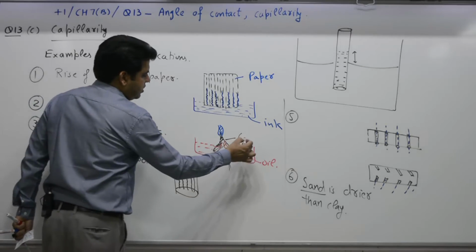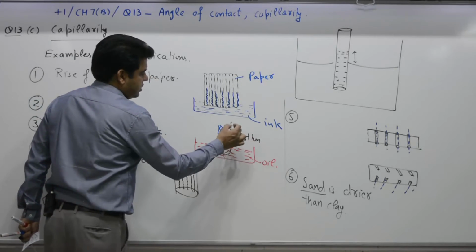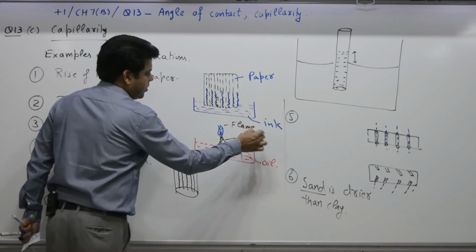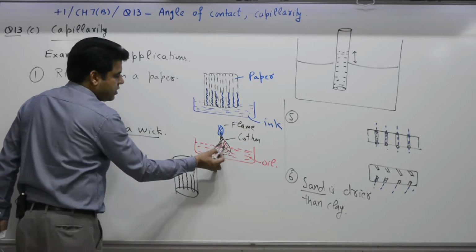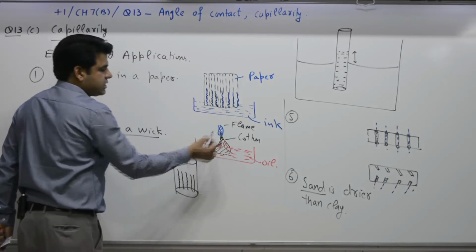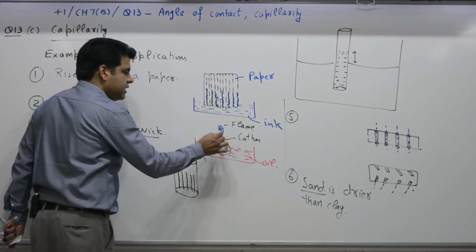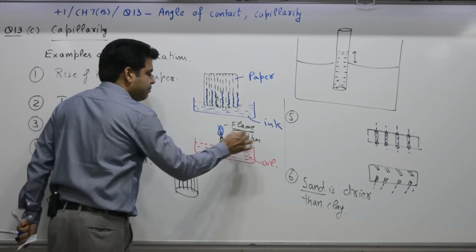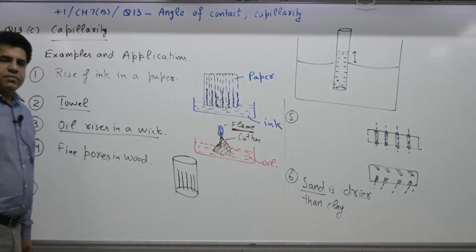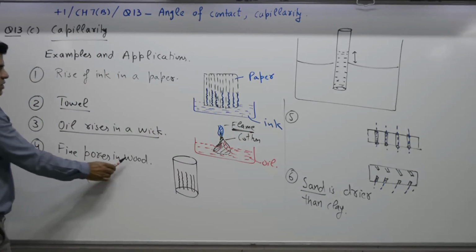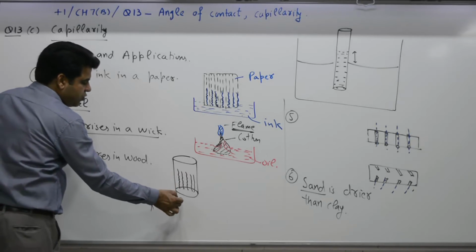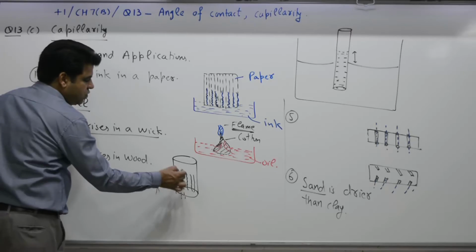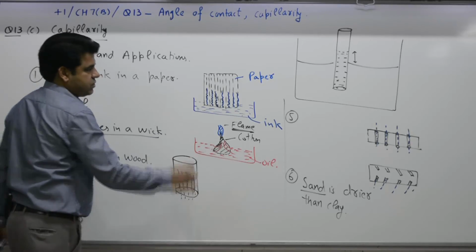It is cotton. This is flame. This is oil. Oil moves upward through capillary action and supplies it here, and you can maintain this flame for some time. Fine pores in wood: in wood also you have fine pores and liquid moves through these pores.